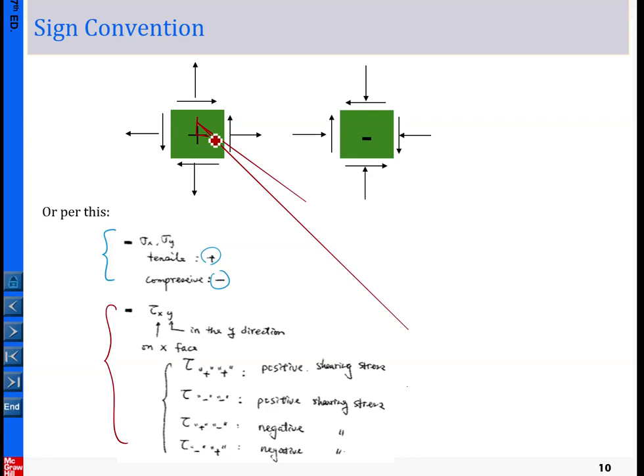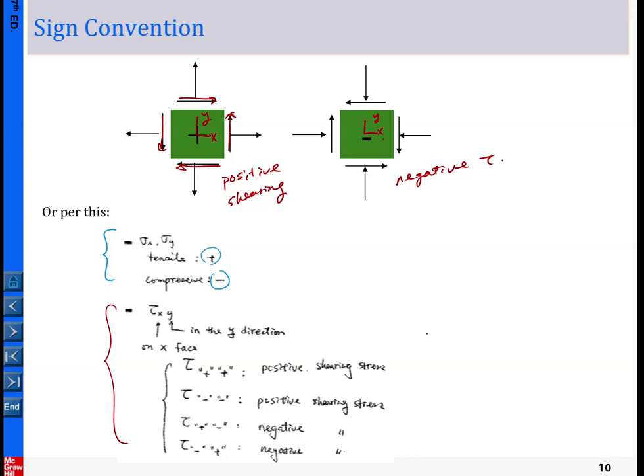If you define the coordinate system xy like this, then this is the positive shearing, in these orientations. And again, if you take the xy coordinate system like this, then this is the negative shearing. This is the way, and it can be memorized very quickly.